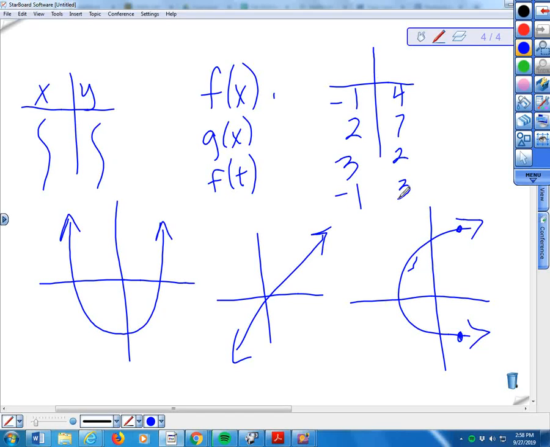Can't have that. This is not going to be a function. If the x value is mapped to more than one number, that's not a function.